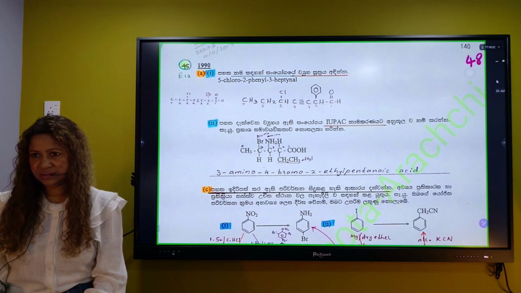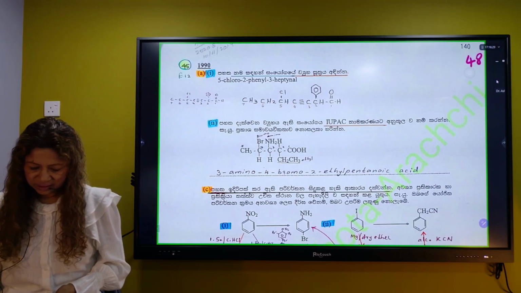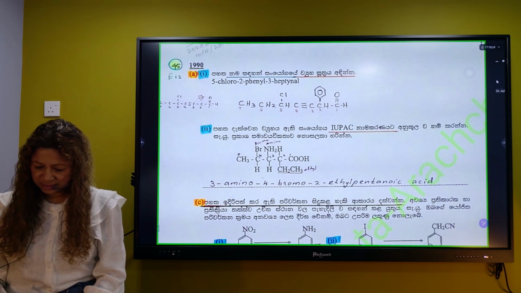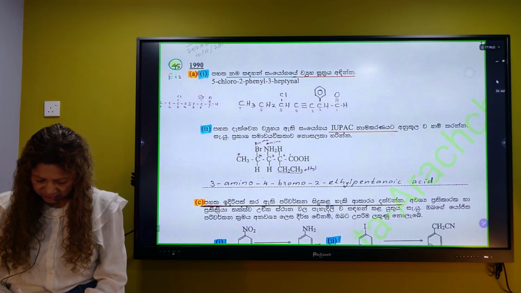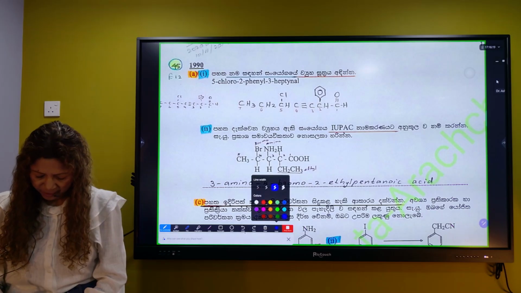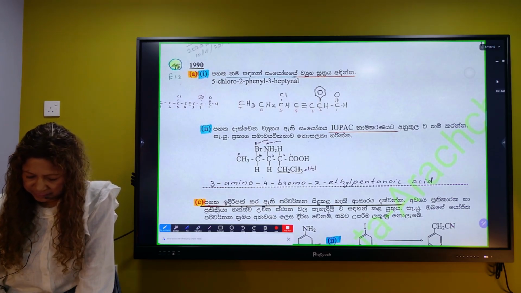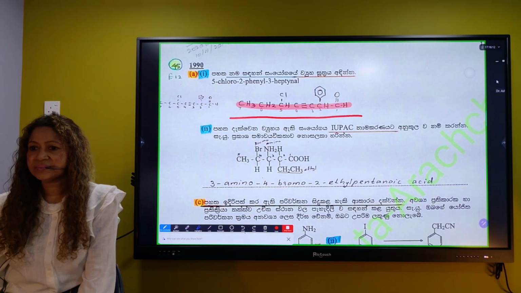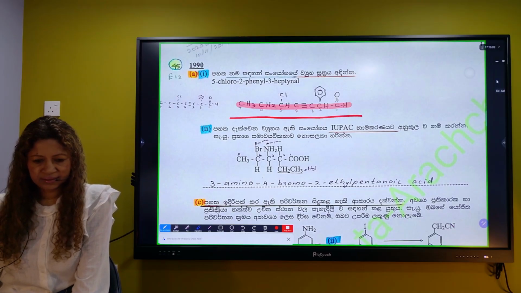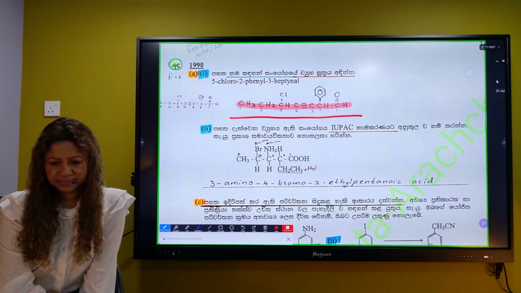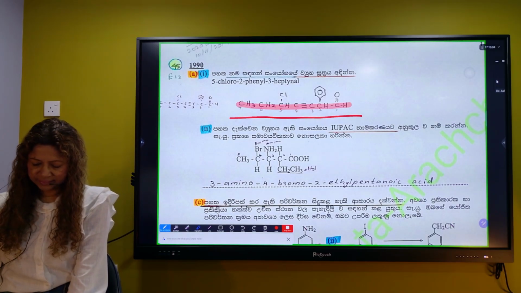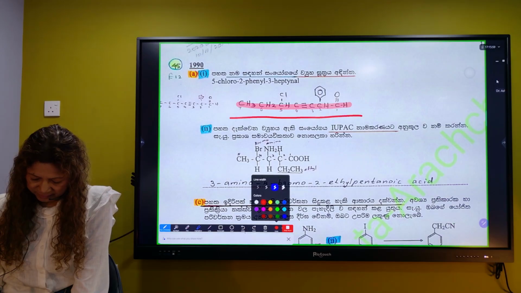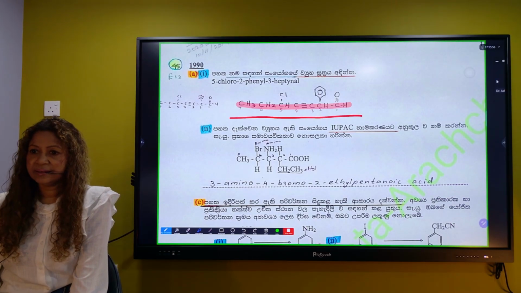Is this a question? Yeah. I guess only this medium is different. Okay, they want us to draw this structure for the name. This is the structure and this is the main chain.